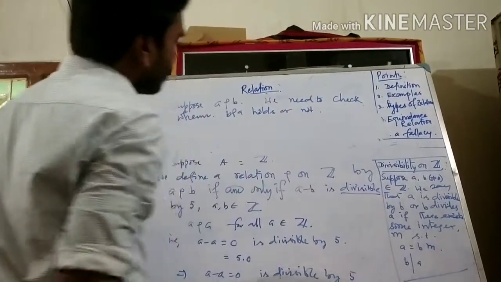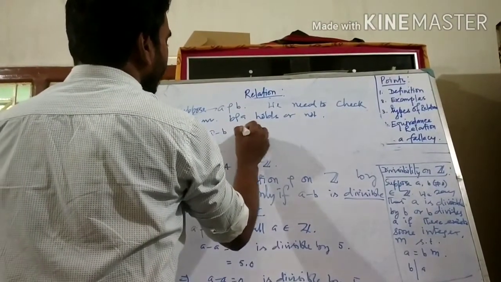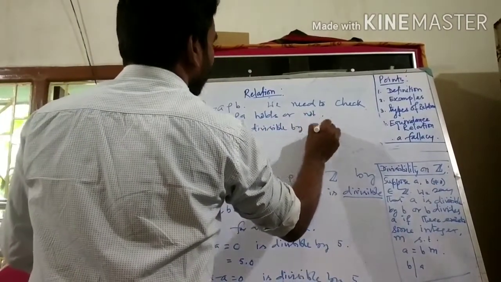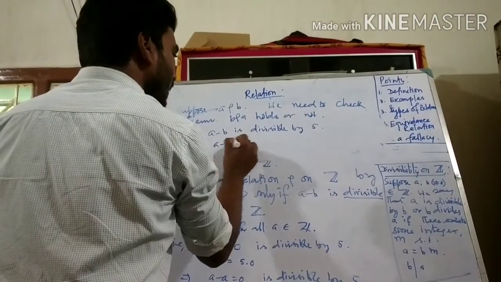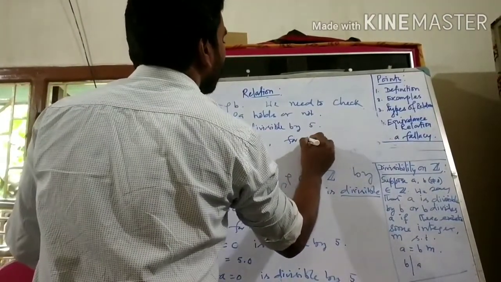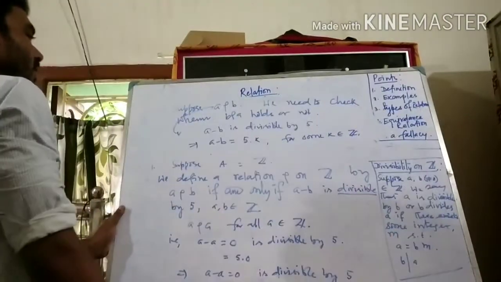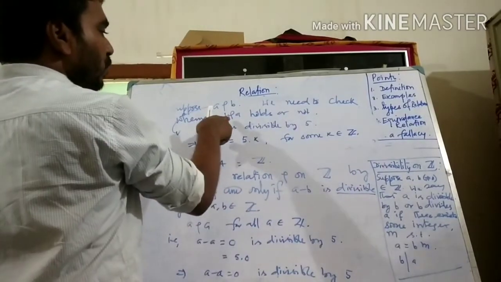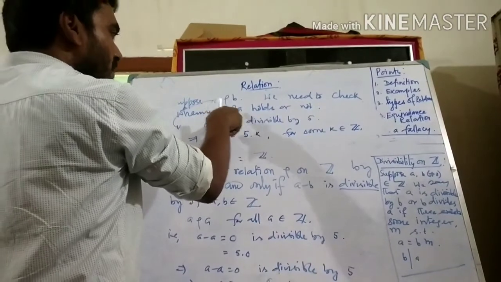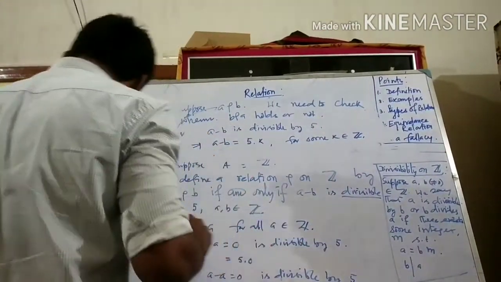From here we can say A minus B is divisible by 5. That means A minus B can be written as 5 into some K for some K belongs to Z, from this definition. In order to prove that there is a rho relation between B and A, we have to show that B minus A can be written as a multiple of 5.